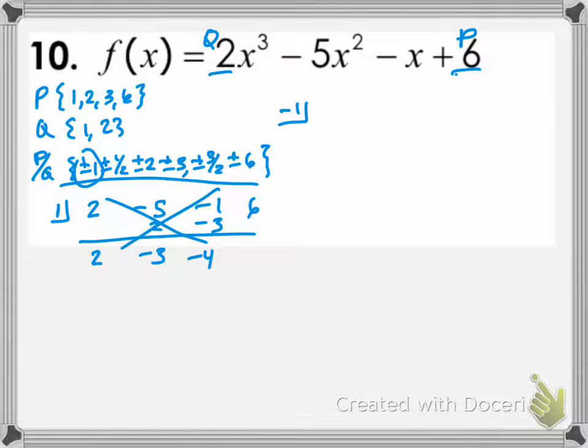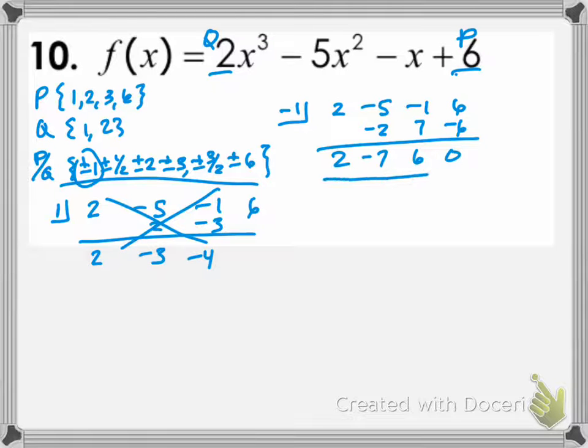Same thing, only use negative 1: 2, negative 5, negative 1, 6. I get 2, negative 7, positive 7, positive 6, and negative 6, 0. So negative 1 worked.